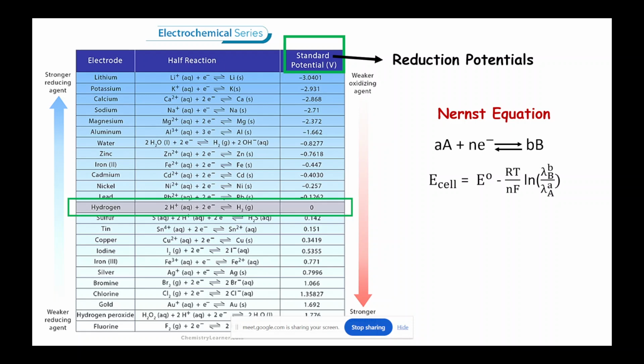This should not be quite difficult. So, what is the meaning of oxidizing and reducing agent?